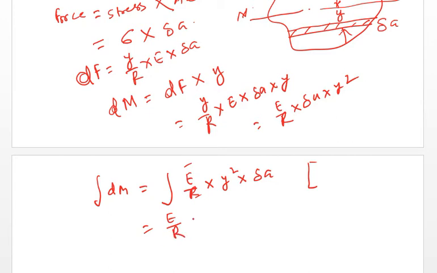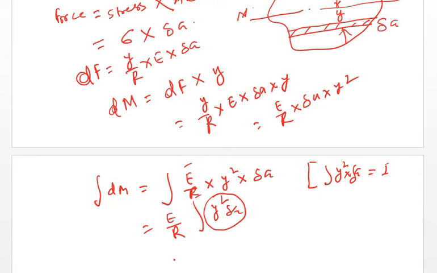So E upon R times the integration of y squared into delta A, and this part is known as the moment of inertia.